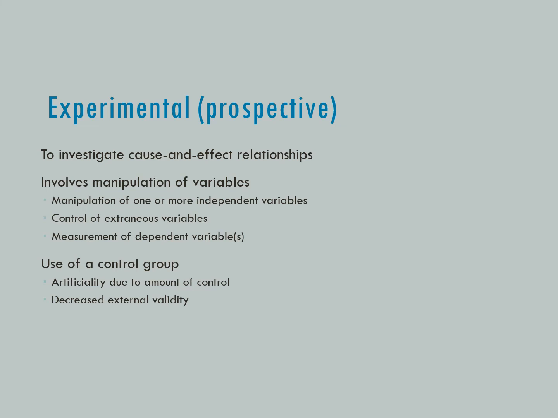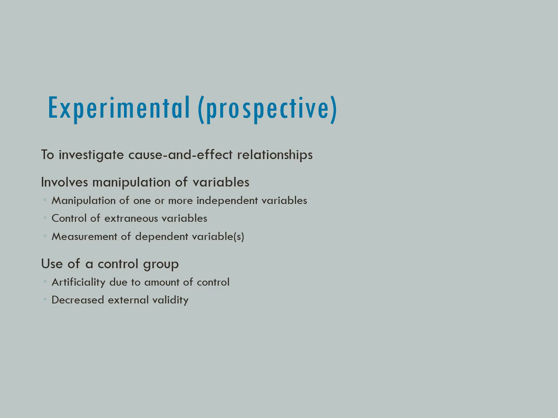So the reason we do this is to investigate cause and effect relationships. We manipulate something, we change a variable of some kind, and we say everybody in group A has this variable and everybody in group B does not, and we're going to see, does the variable change this other thing we think it's going to change.